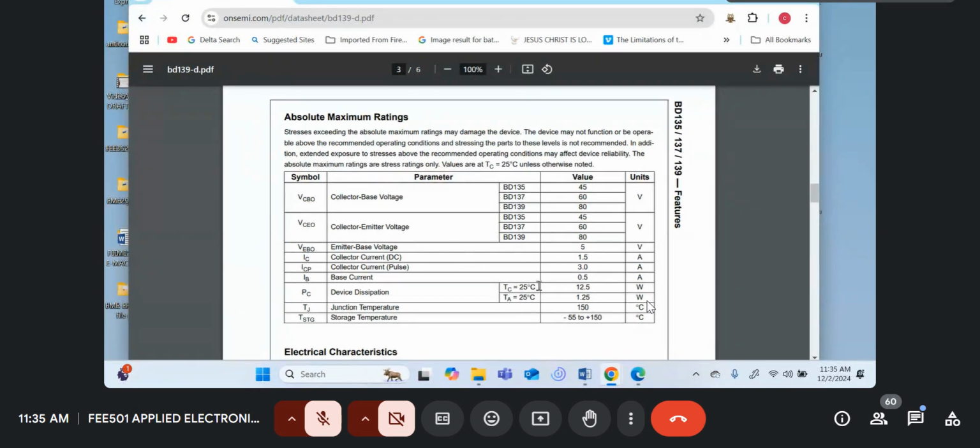This is another problem students always have. Even in projects when they design things, they'll use transistors and they don't go and check the data sheet, and therefore do not design for heat sinking. The manufacturers will always give you the maximum rating at 25 degrees centigrade.